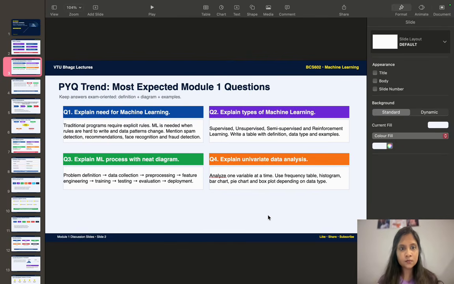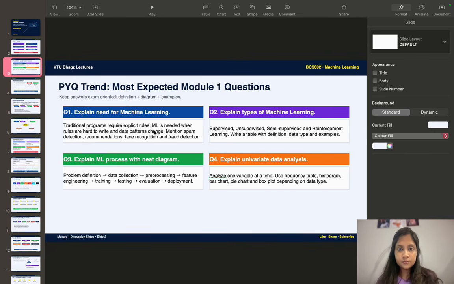Next, the most expected or important PYQs for module 1. The repeated questions are mainly from these topics. First one is explain the need for machine learning, types of machine learning, process, challenges of machine learning, application of ML, descriptive statistics, and univariate data analysis.